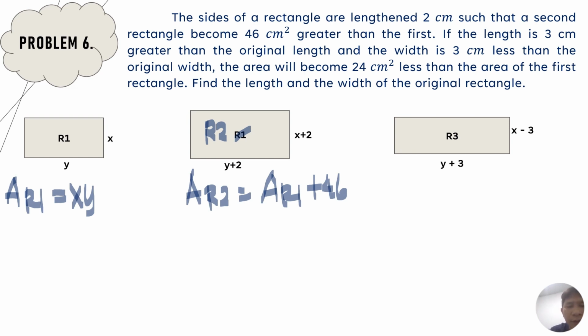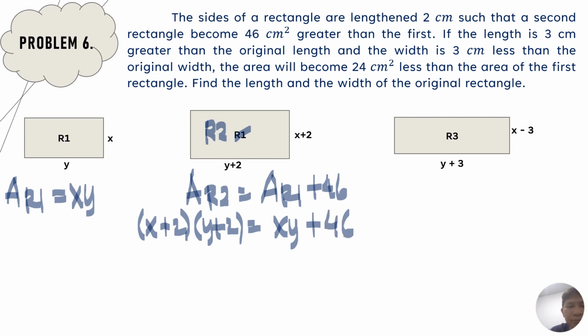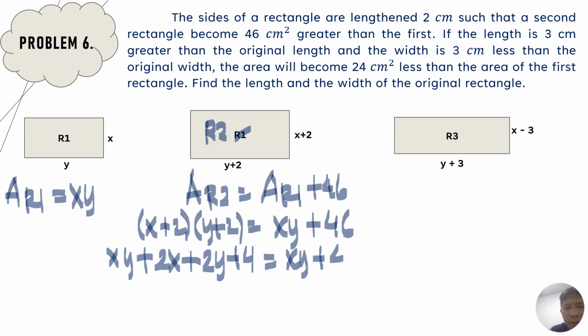We know that the area of rectangle 2 equals (x plus 2) times (y plus 2), which equals the area of rectangle 1 plus 46, so xy plus 46. Then here we're going to do the multiplication: xy plus 2x plus 2y plus 4 equals xy plus 46.